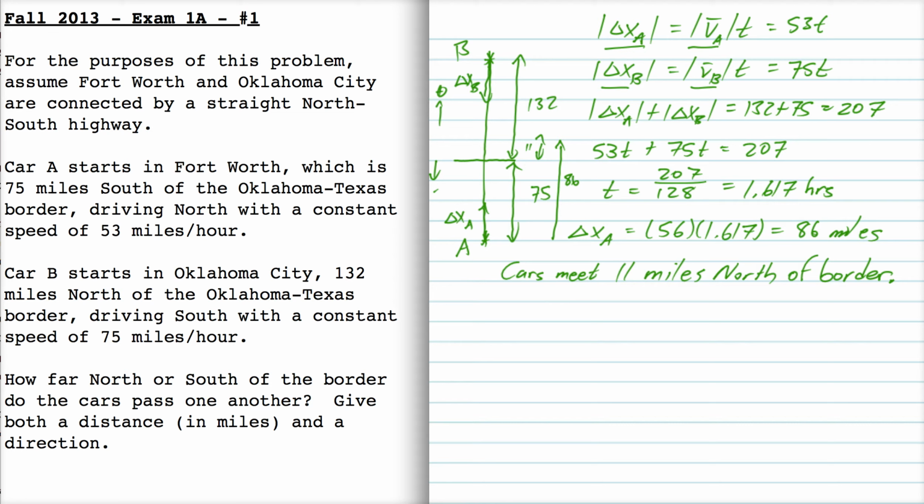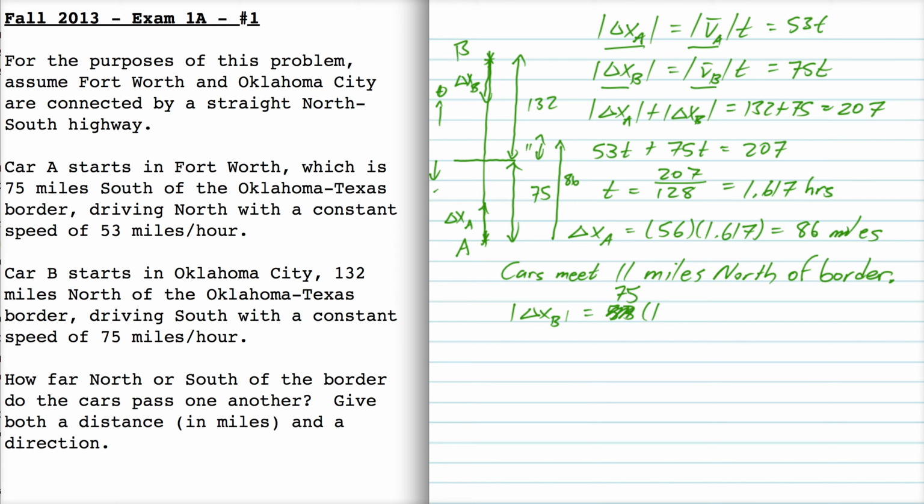You can also, just to double check, find delta xb, and in this case I'll just calculate the magnitude of it, which is 53 times, oops, does A move? Right, sorry, yeah, that's right, B is moving south at 75 miles an hour.